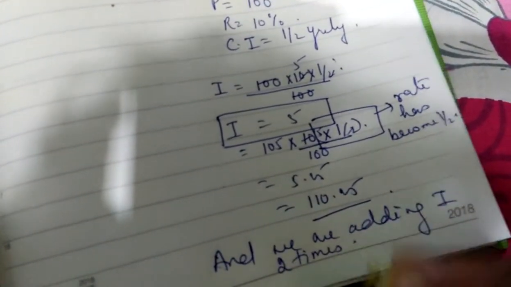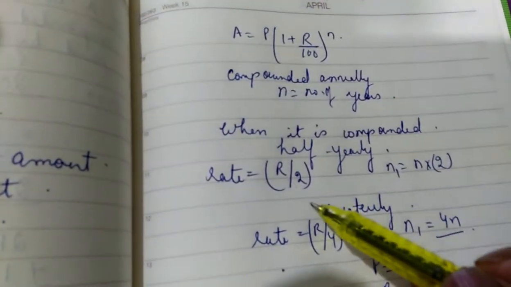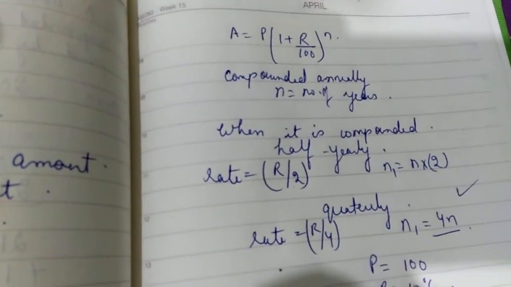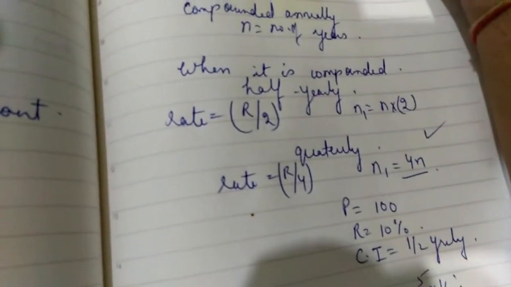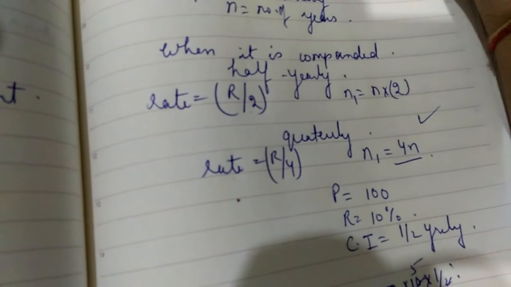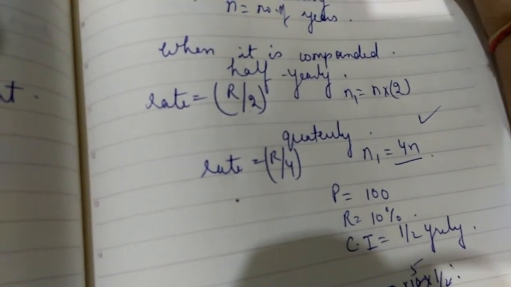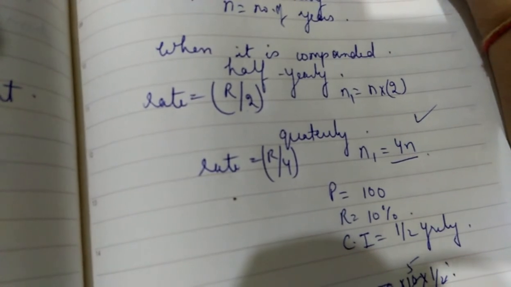So n becomes 2n and rate becomes r by 2. So this is where we get this. Okay, so you can practice a few questions based on this. Let us practice one particular question. Okay, that will make things much more clear.